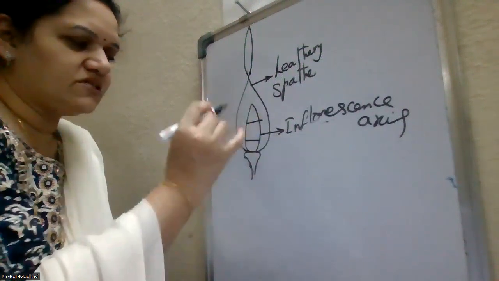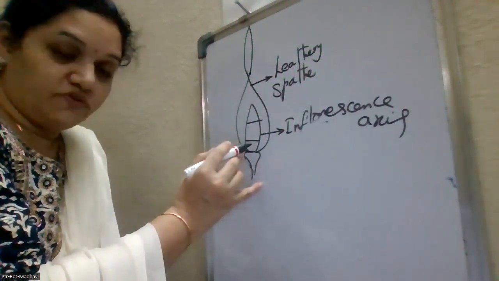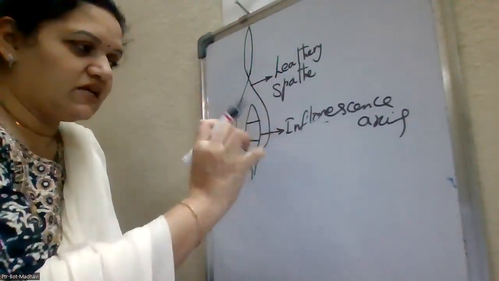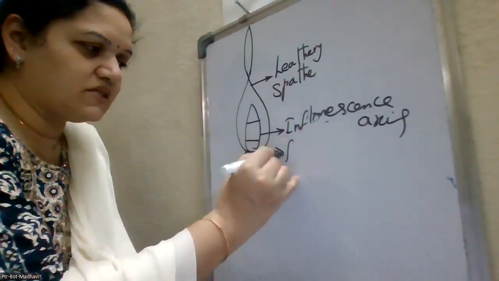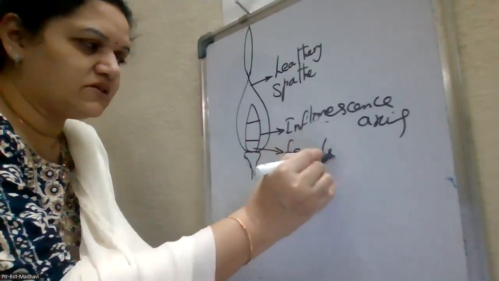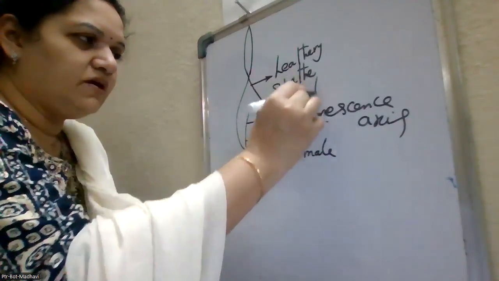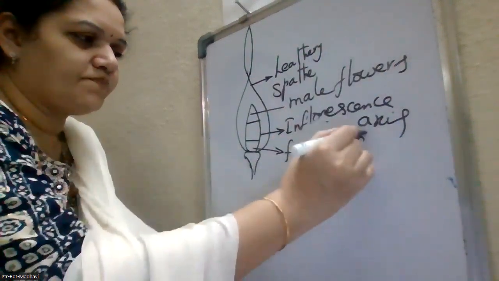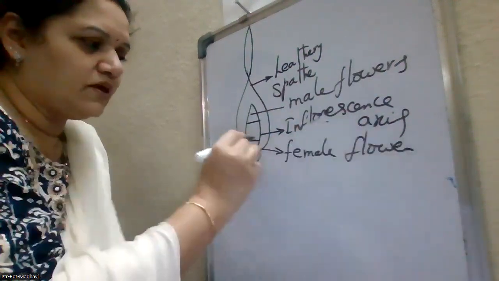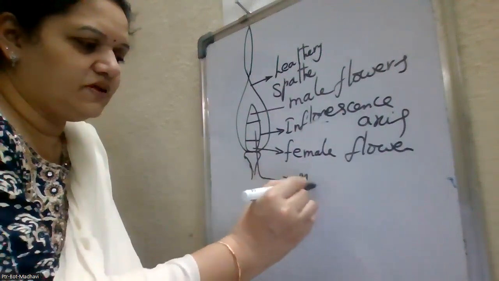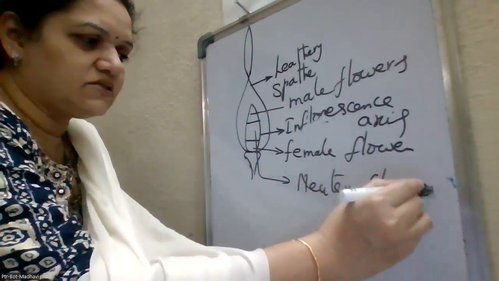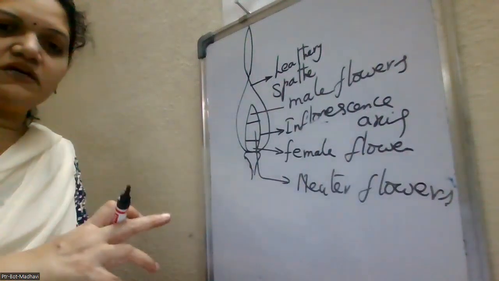So on the inflorescence axis, at the bottom, female flowers, at the tip, male flowers, in between that, sterile neuter flowers. This is the female flowers. These are the male flowers. And in between, neuter flowers, that is the sterile ones are present.